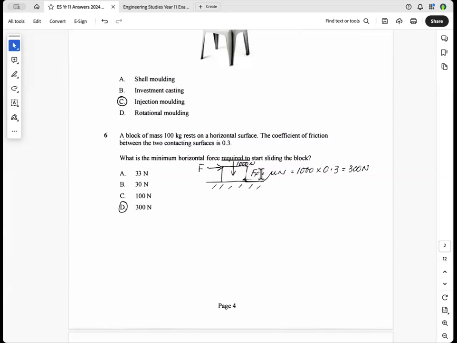And so the force of friction is equal to mu N, and mu is the coefficient of friction. In other words, it's a number given to the roughness of the two surfaces, and this is derived experimentally. And the normal is 1,000 newtons, so it's 300 newtons, and so that's the force required to just get it on the verge of sliding.